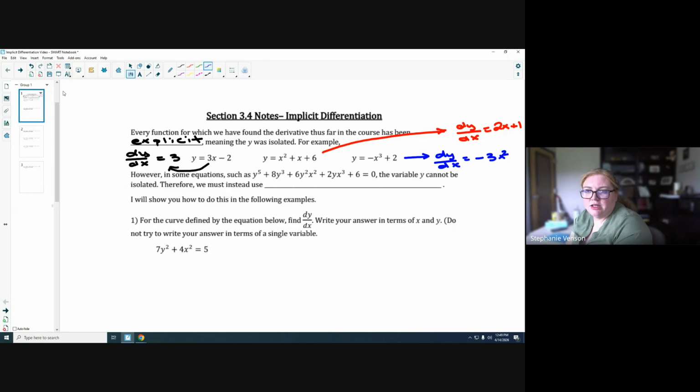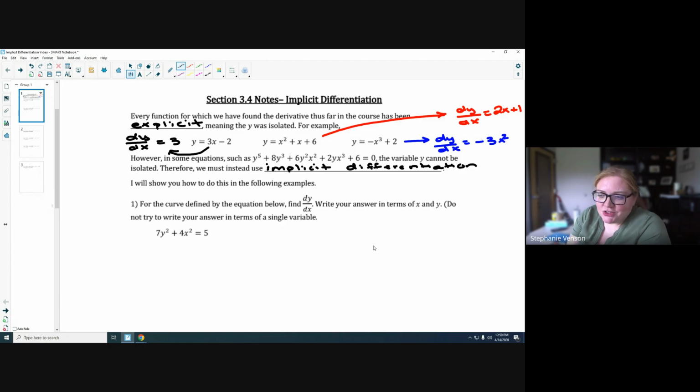So for your blank here: therefore, we must use implicit differentiation. Thankfully, we only have a few blanks on this one, so hopefully the handwriting won't get too bad, but this tablet is rough. I will show you how to do this in the following examples.